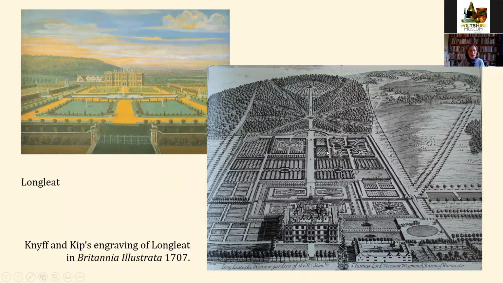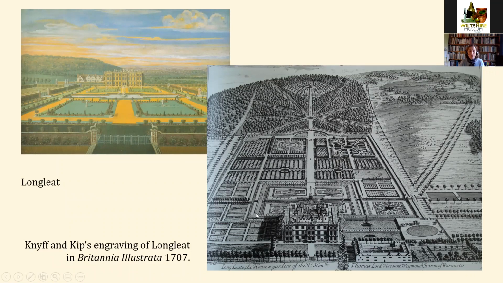This is an engraving from a book of engravings by two people called Knyff and Kip, which they produced in 1707. And they produced about 60 of these engravings of the big houses and estates in the country. So we've got Longleat House here.